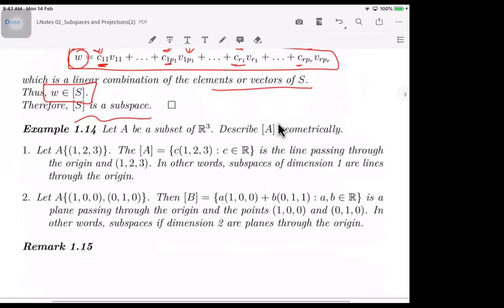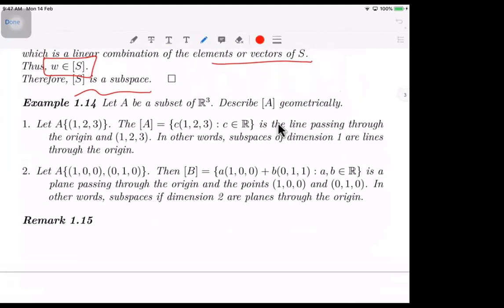Okay. Let's have some examples so that you can picture what is meant by span. So, let A be a subset in R3. So, three-dimensional only, no?